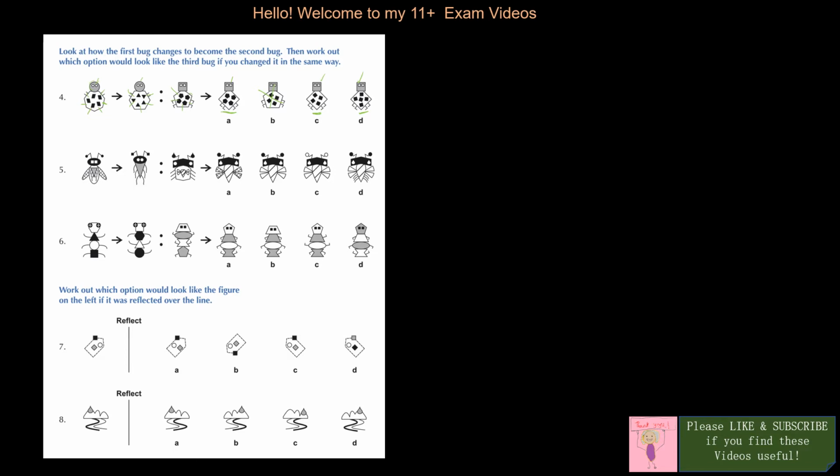So we have 1, 2, 3, 4, 5, but they are triangles, 3-sided, 4 to 3. How many sides are there here? 1, 2, 3, 4, 5. It's a pentagon. It should become a square, 5 to 4 or a rhombus. So this is not my answer. There should be 1, 2, 3, 4. So my answer is C.